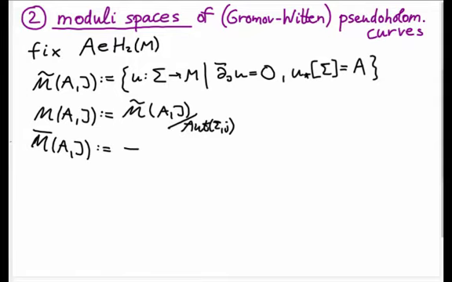That's what we're getting if to this quotient we add trees of bubbles, as we've seen, or some of us have seen, from the Gromov compactness proof.